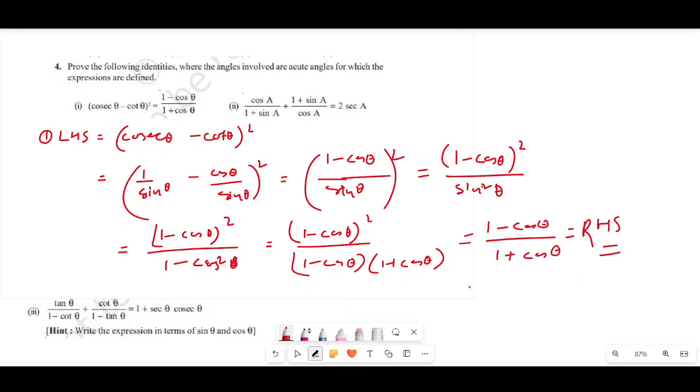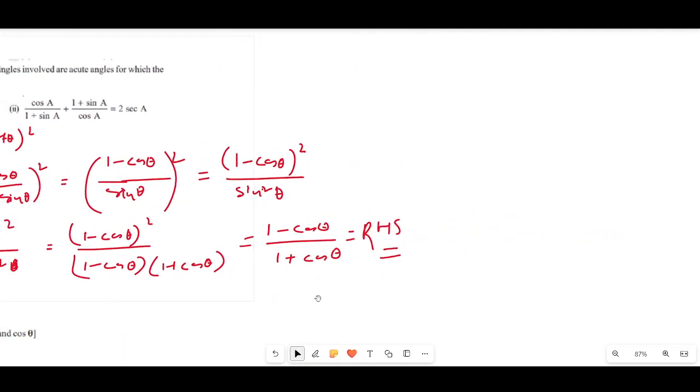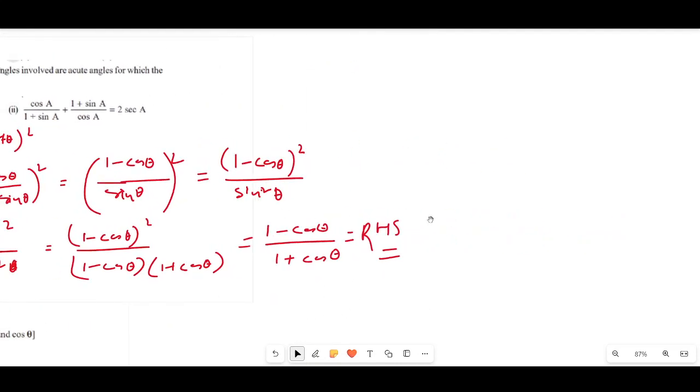Now for the second part of this question, first we should rough it. Don't worry, we should change the color for the formula. Now the second part of the question: cos a upon 1 plus sin a plus 1 plus sin a upon cos a equal to 2 sec a. Then we should take this as the left hand side.